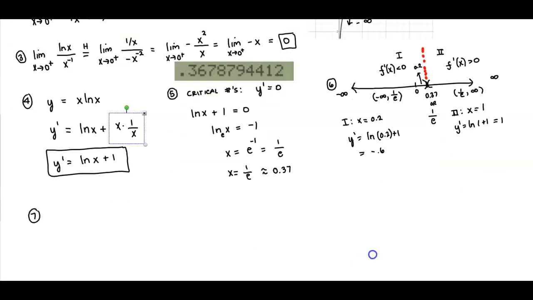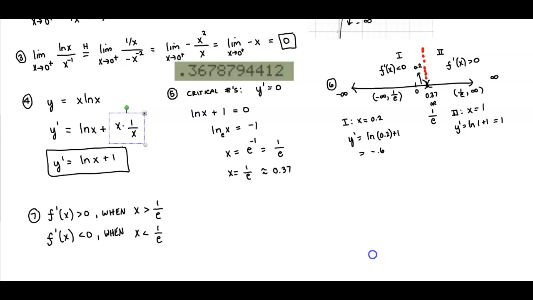So we know that f prime of x is going to be greater than 0 when x is greater than 1 over e, and we know that f prime of x is going to be less than 0 when x is less than 1 over e.